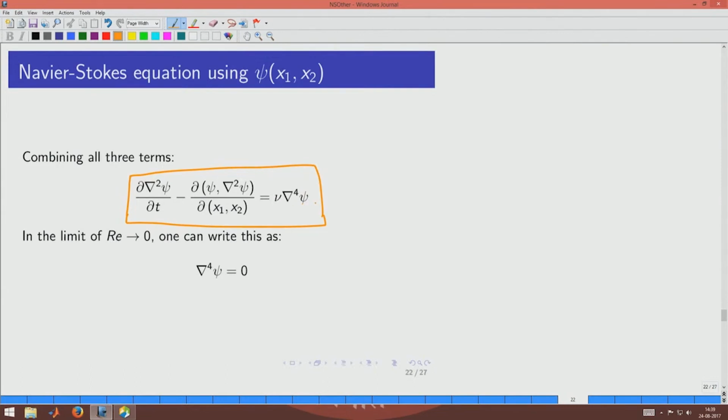So, you can see that this particular equation we then have for stream function, and we have only one equation now. If you solve this equation and get the solution for psi and then differentiate psi with respect to x1 and x2, then you have got the velocity components in 2D. So, with one equation you have got two velocity distributions that are available. Okay. So, that is a simplification we were seeking when we introduced the concept of stream function at all.